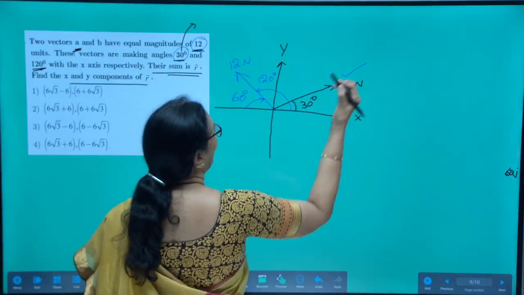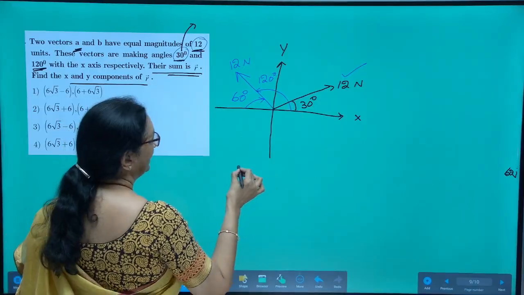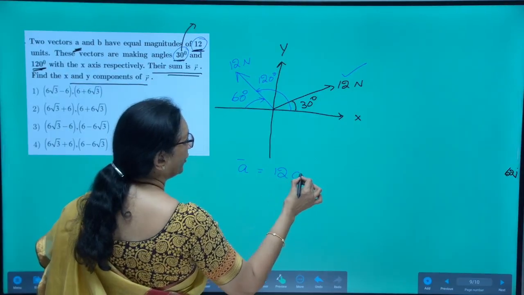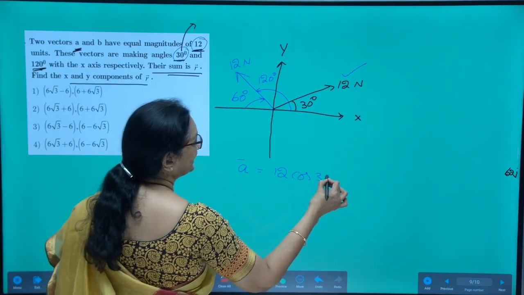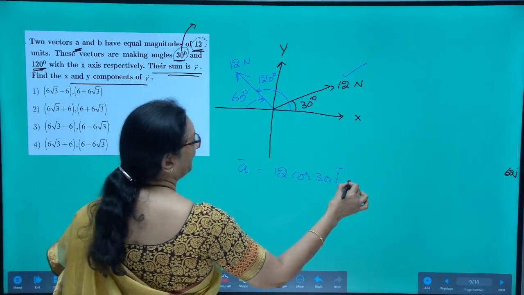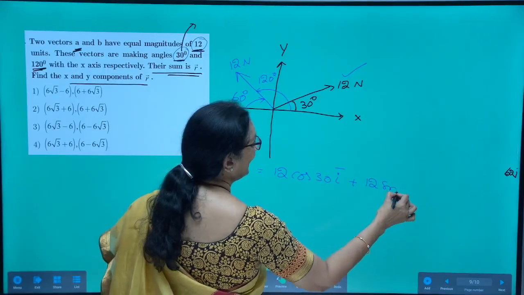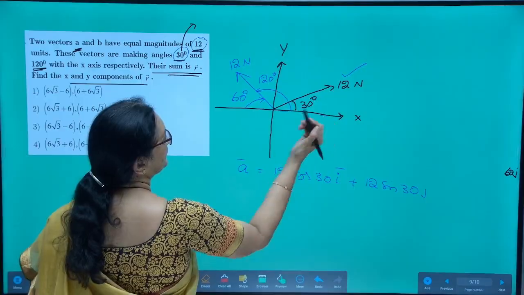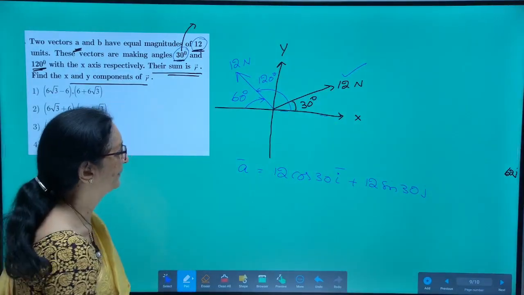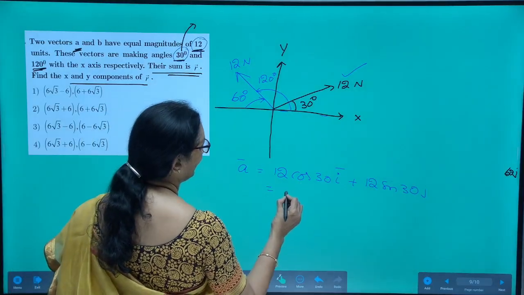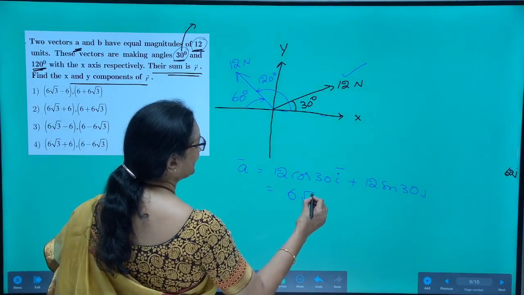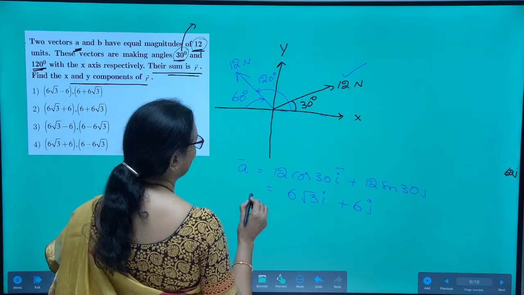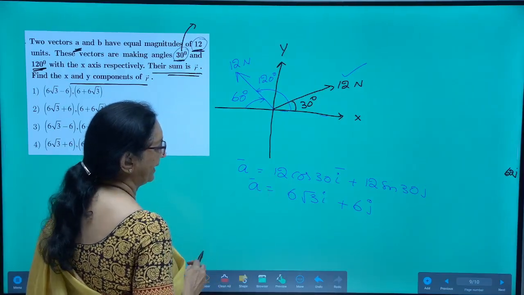Now, this vector is given as A bar. So, A bar is equal to 12 cos 30 I bar plus 12 sin 30 j bar. Its component along x-axis is cos, along y-axis is sin. So, cos 30 is root 3 by 2. It becomes 6 root 3 I plus 6 j, because sin 30 is half. That is A bar.